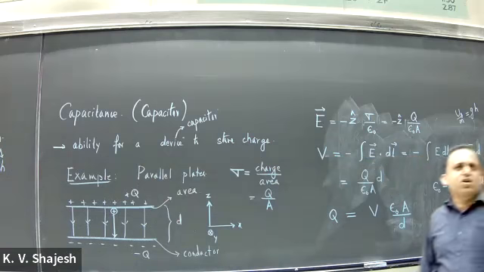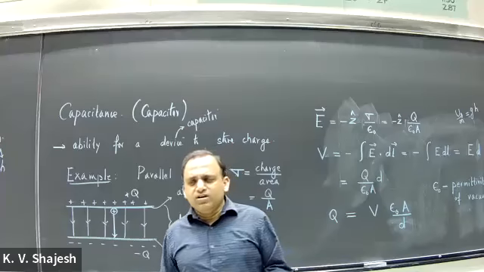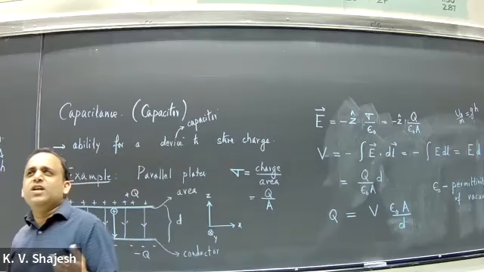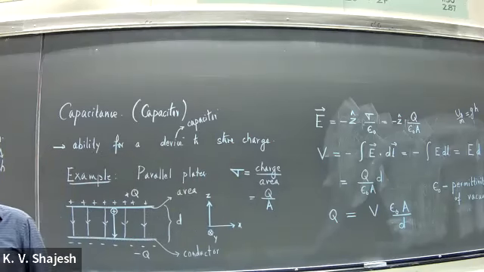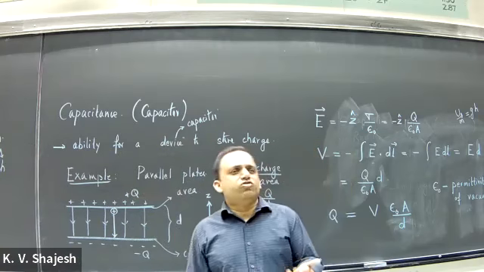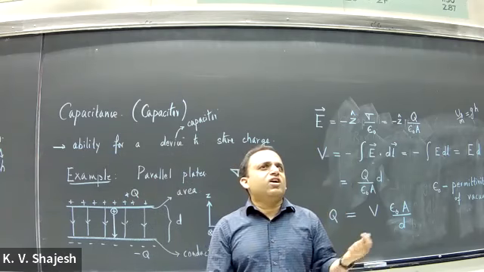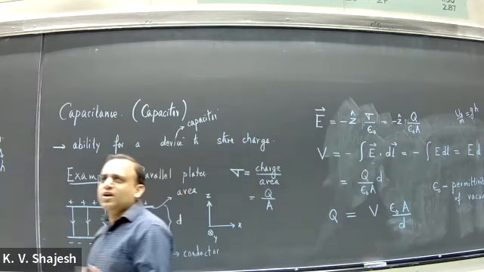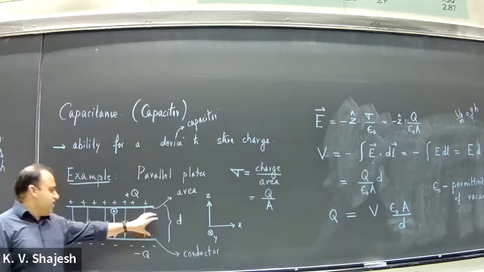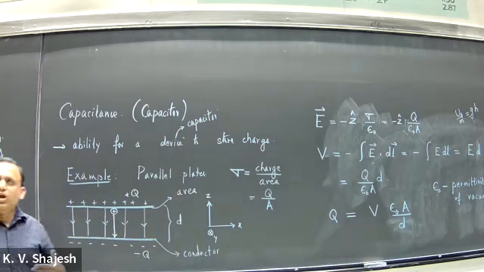So any material is better than vacuum in there. And often the materials used are something like paper or mica sheet, which is the most common. Anything silicon based, like clay, is something that can be used inside a capacitor. So anything that has insulating properties, but at the same time can polarize very easily.